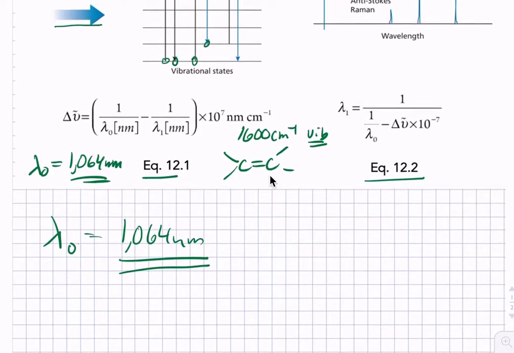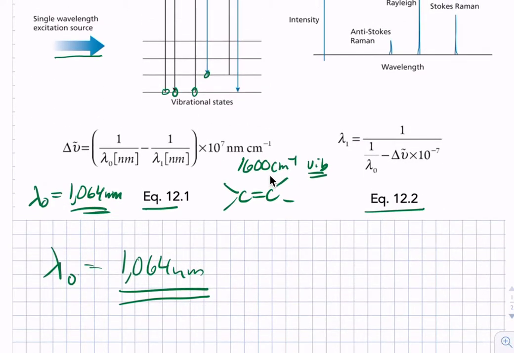So here is our lambda wavelength. Let's just calculate what the wave number of that excitation beam is. That is going to be nu bar naught, and that's going to be 1/1064 nanometers times 10 to the 7th nanometers per centimeter, and out of that we get 9,398.5 wave numbers.